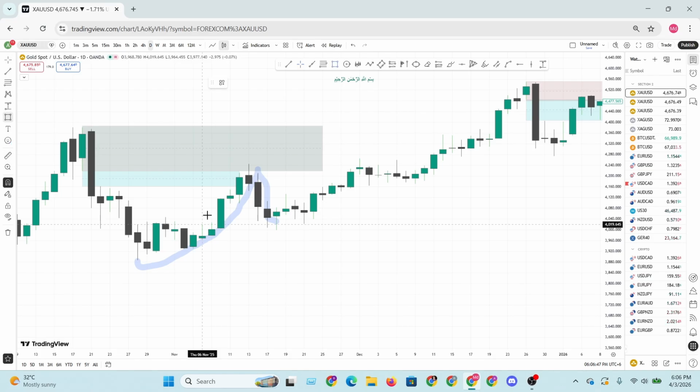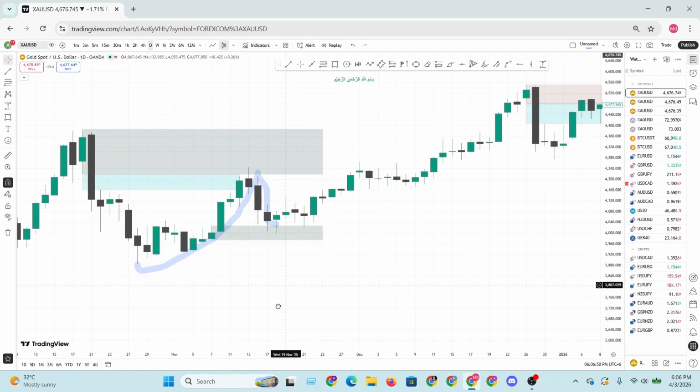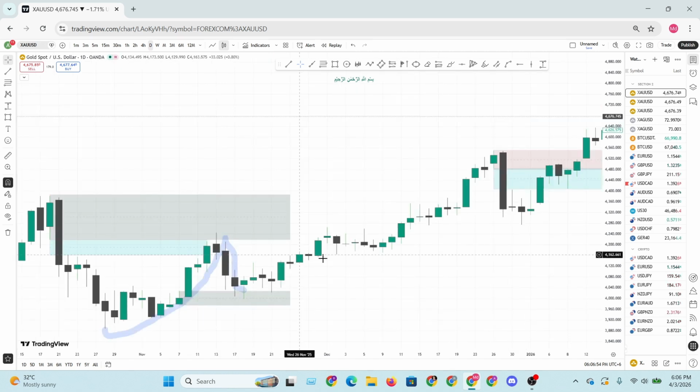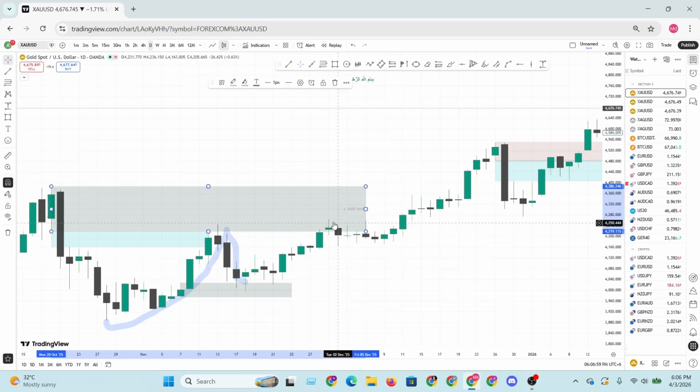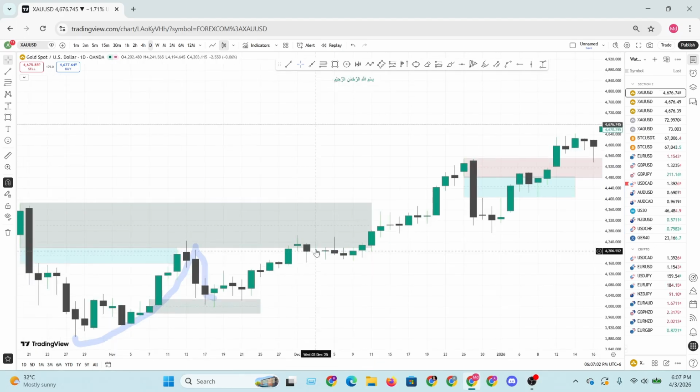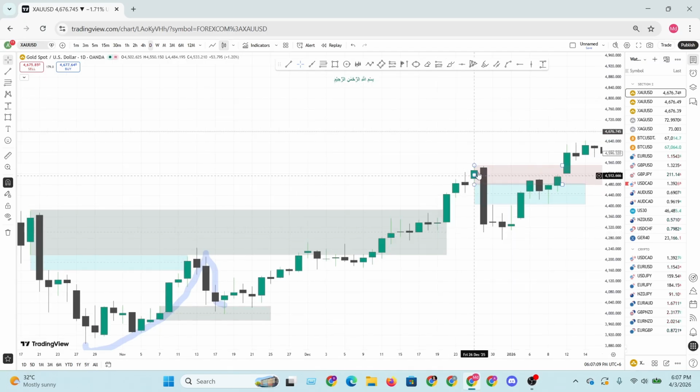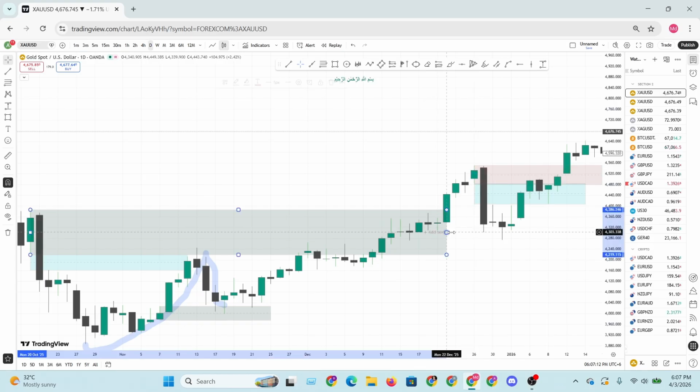From this order block, it again changed direction and went upside, and tapped this level again, and again. Then at last it broke this level, and the selling order block broke.